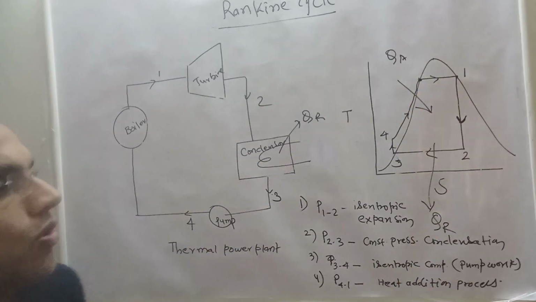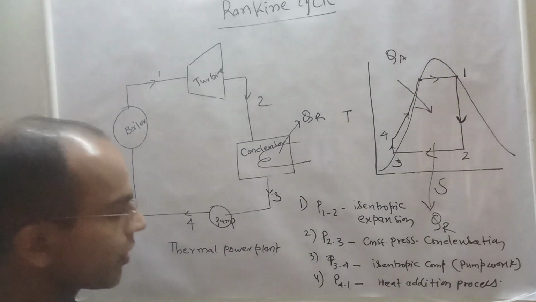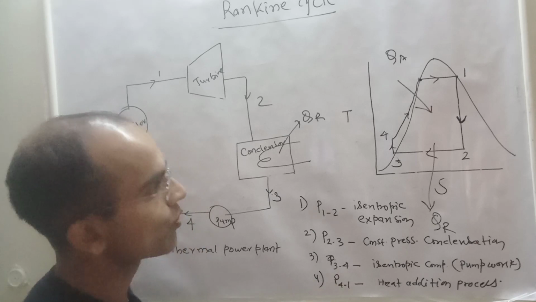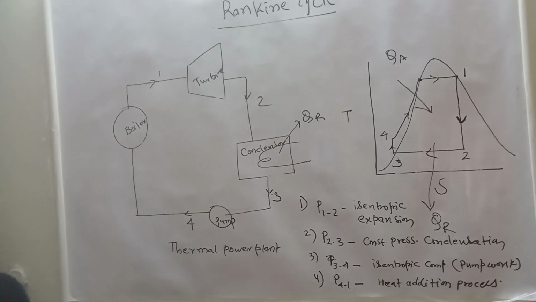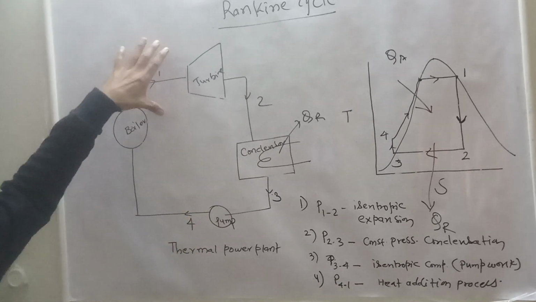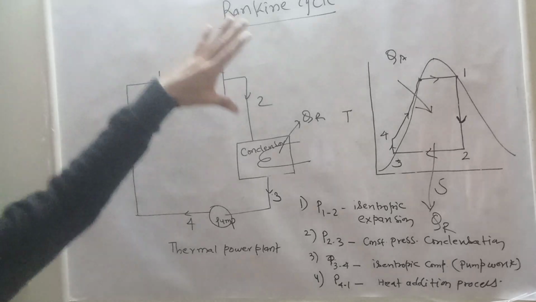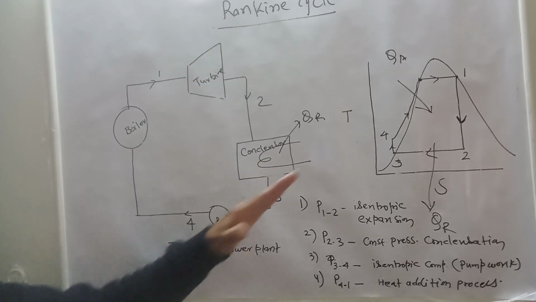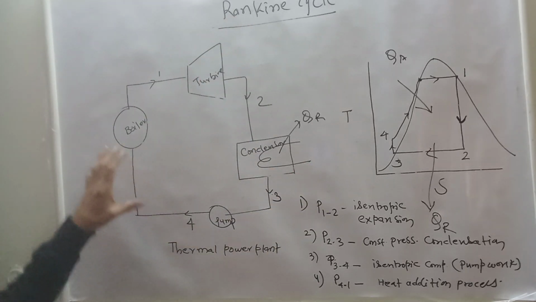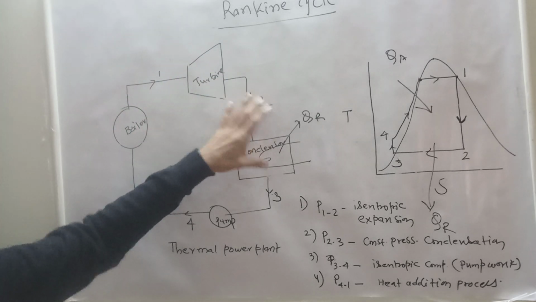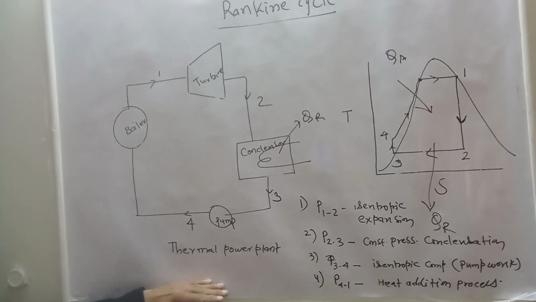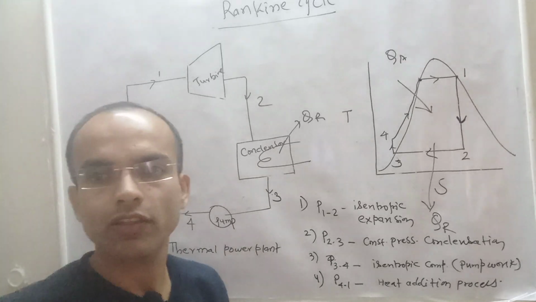Okay, so these are the different processes which explain the Rankine cycle, how the Rankine cycle works, and what the different points and different components are, and this is known as the basic cycle for any thermal power plant. Okay guys, that's it.